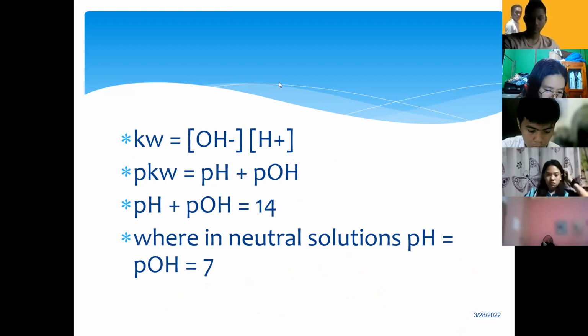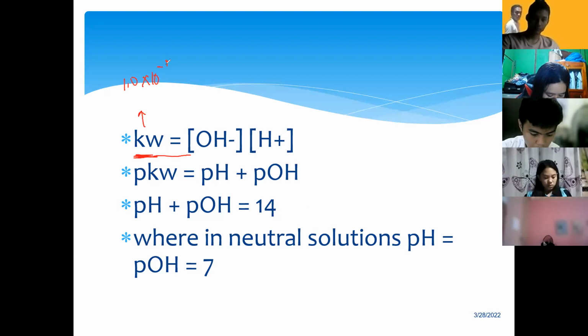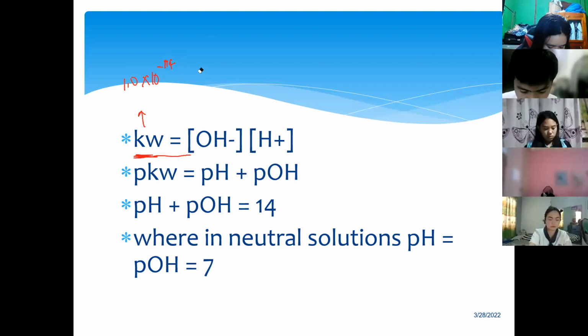Let's move on. Remember class, when we computed for the water ion constant, we have this formula. Diba Kw is 1.0 times 10 raised to the power of negative 14.